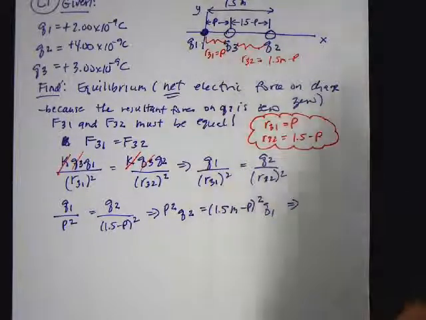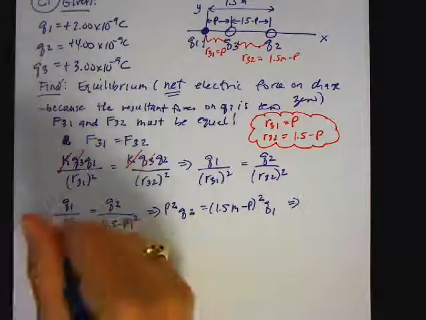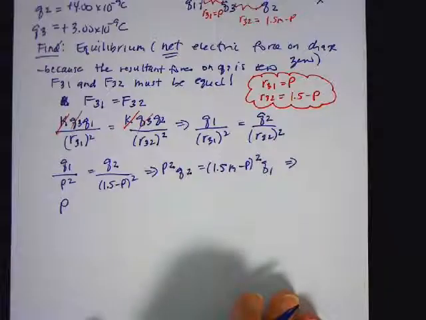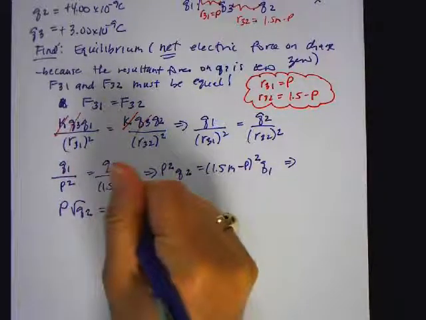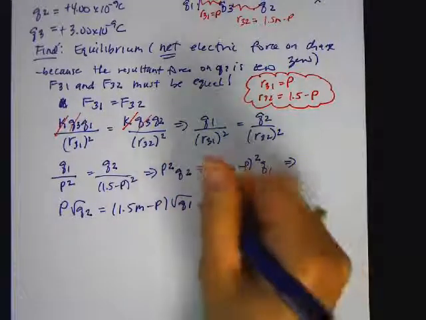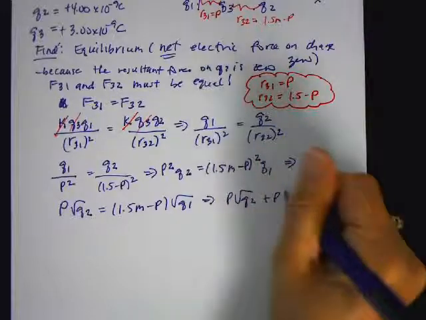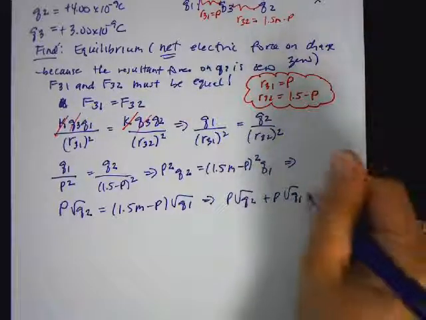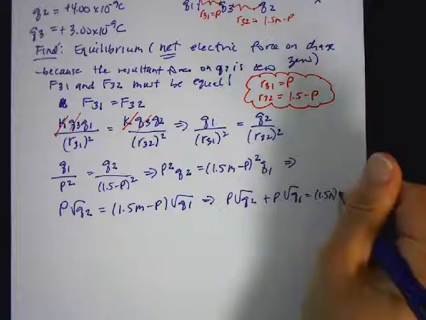This is where we're all a little different as far as our algebra. So what I did was I just took the square root of everything. So when I took the square root, I ended up with P radical Q2 is equal to 1.5 meters minus P radical Q1. So I have P radical Q2 plus P radical Q1 is equal to 1.5 meters radical Q1.